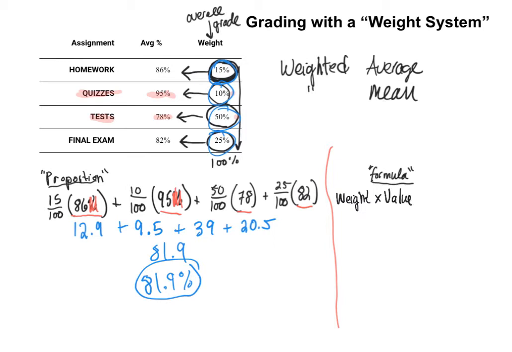I'm not going to use any mathematical formulas here, but they'll do this, maybe I'll use a weight 1, value 1, they'll do this for every single weight and every single value. So you might have another weight and a value, and you'll add all those up, and then you'll divide by the sum of the weights. So we're honestly doing the exact same math. It's just writing it in a little bit of a different way.